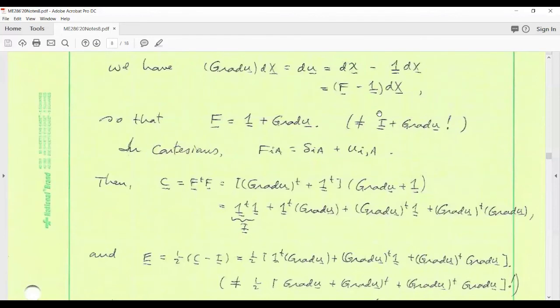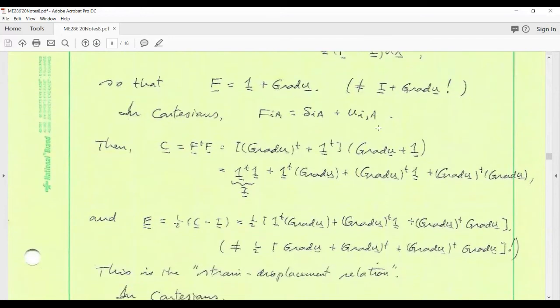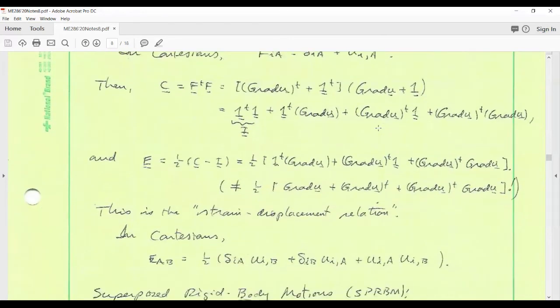I is a purely referential tensor, whereas grad U is a 2-point tensor, so we can't subtract it from F to get grad U. Subtracting a referential tensor makes no sense mathematically. Tensor addition, subtraction, and so on, you have to add objects of the same type. Okay, so this is the consistent strain displacement relationship.